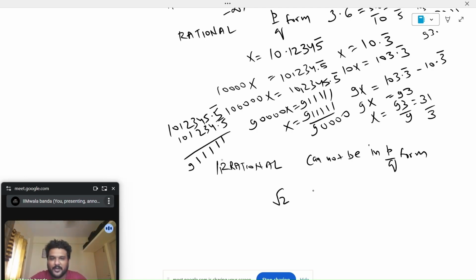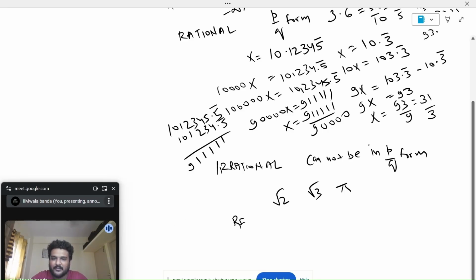You can never write it in P by Q form. Root 3 also. Let's take an interesting example. You know pi, which is 3.14, and it just keeps on going. So is it rational or is it irrational? This is also irrational. Although we do write it 22 by 7, but that is just an approximation we take. It cannot be expressed in P by Q form. So pi will also be irrational.